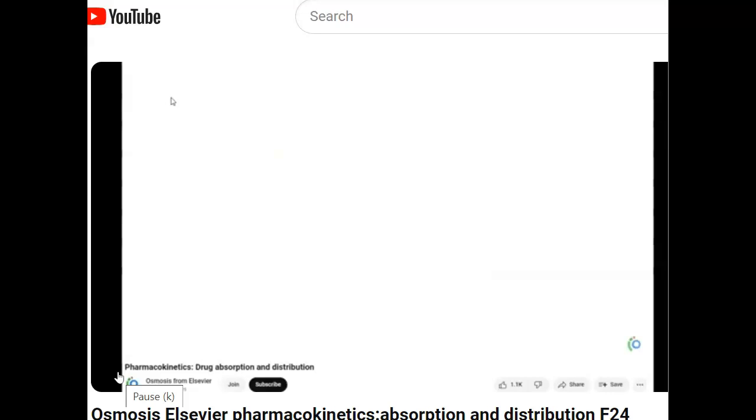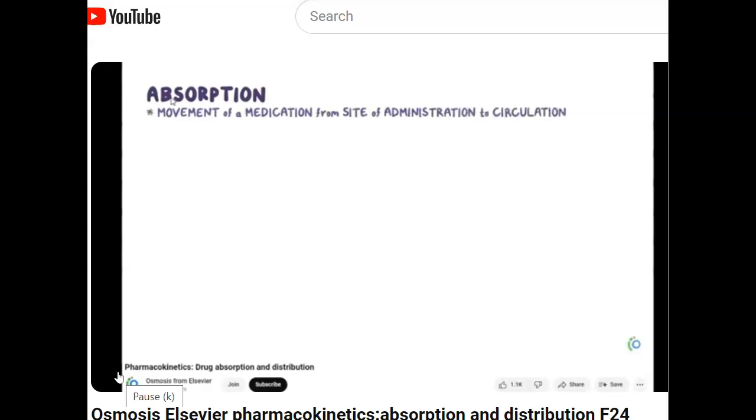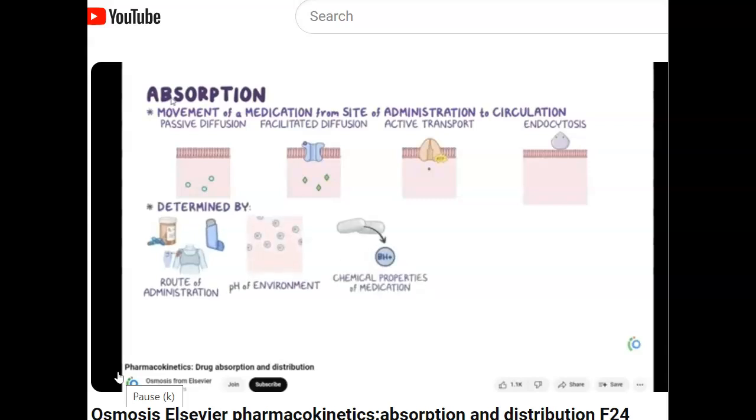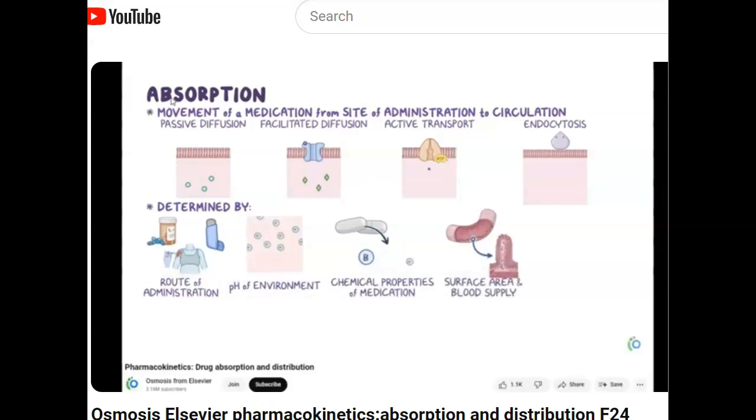All right. As a quick recap, absorption refers to the movement of medication from the site of administration into the circulation. It can occur through passive diffusion, facilitated diffusion, active transport, and endocytosis, and is determined by the route of administration, the pH of the environment, the chemical properties of the medication, the surface area and blood supply of the absorptive surface, the amount of contact time with the absorptive surface, and the presence of food or other medications in the gastrointestinal tract.